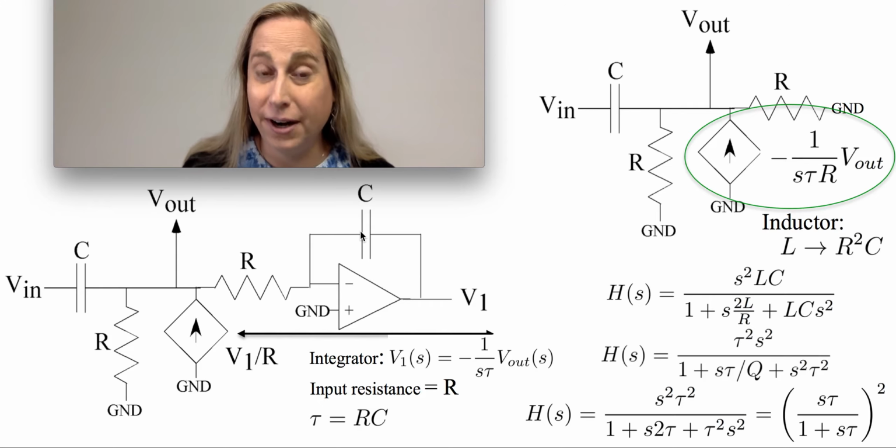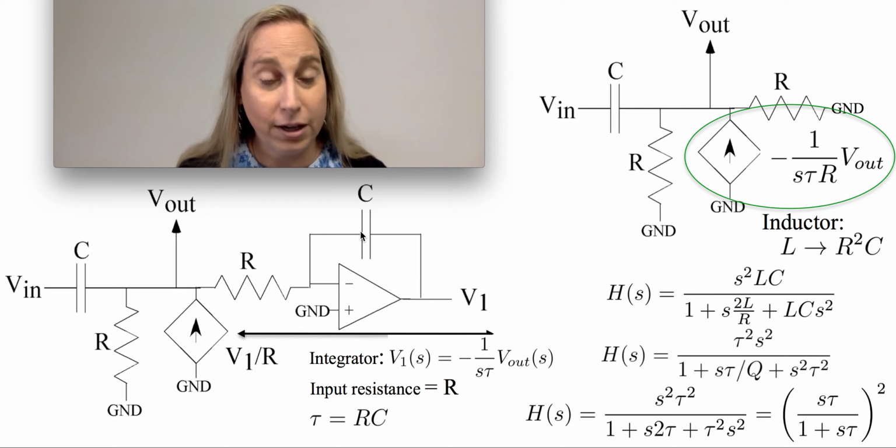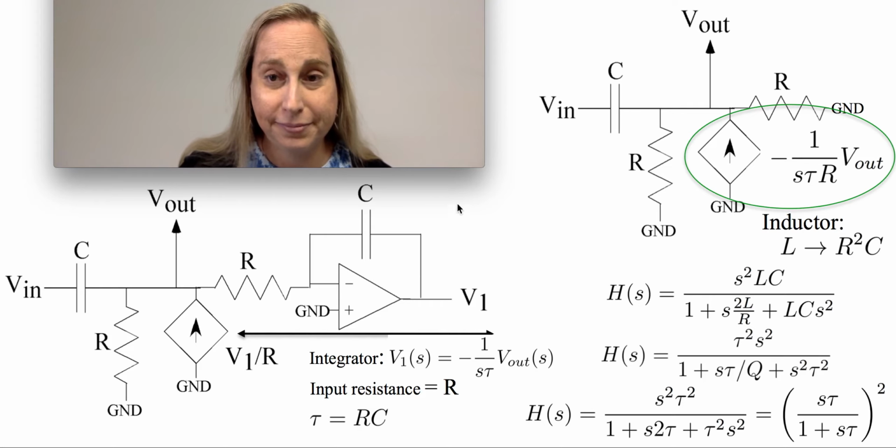This turns out to be a very valuable function because in so many places inductors are very hard to find or very hard to get in a quality that you'd want to use. So sometimes we build second order structures in this way.